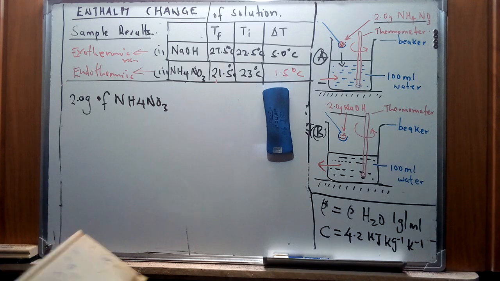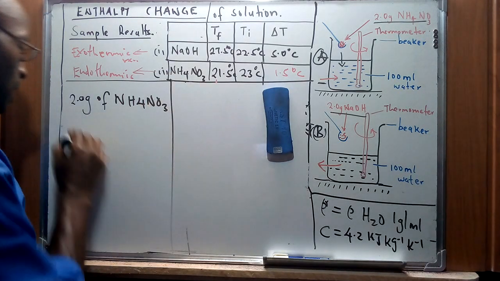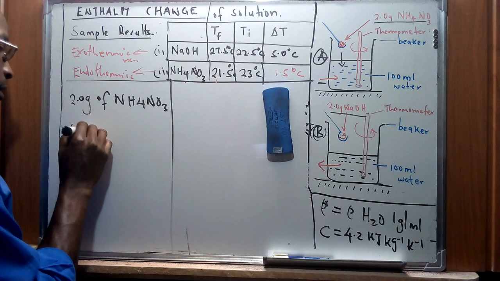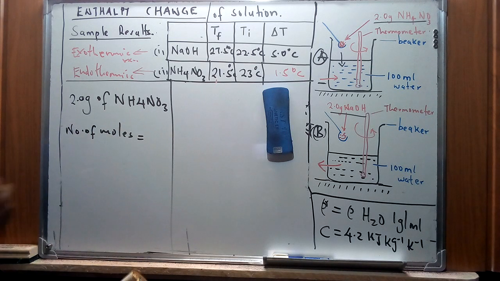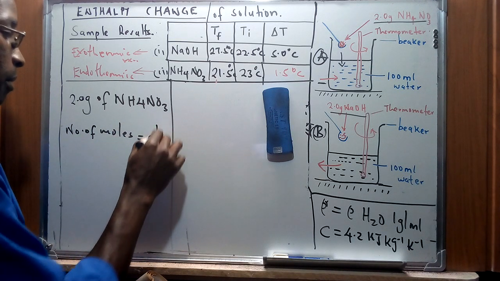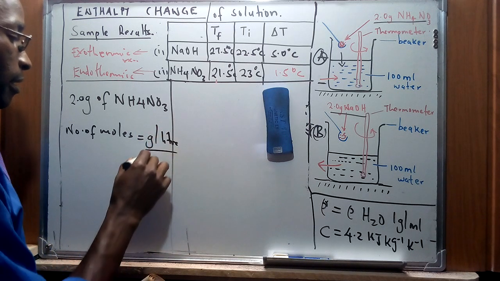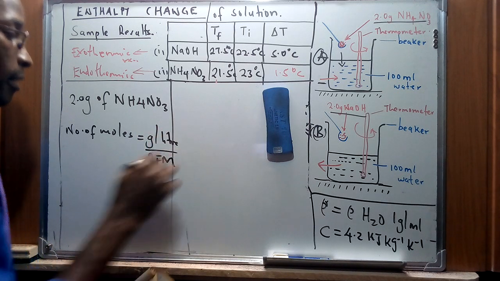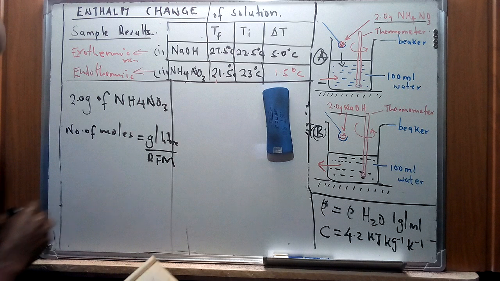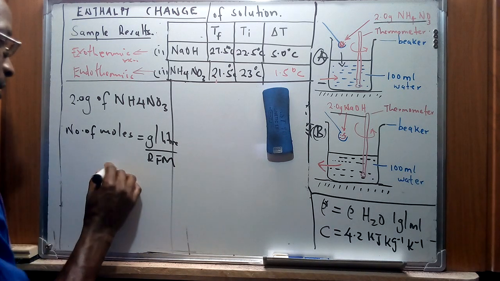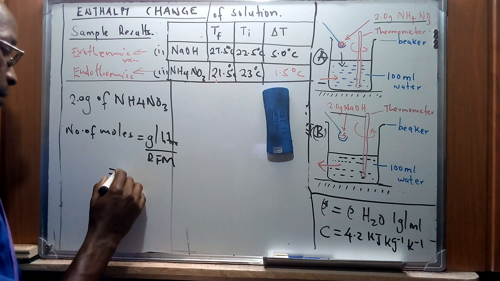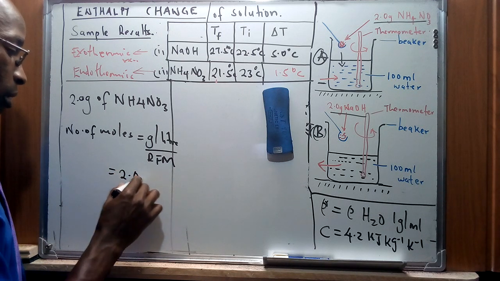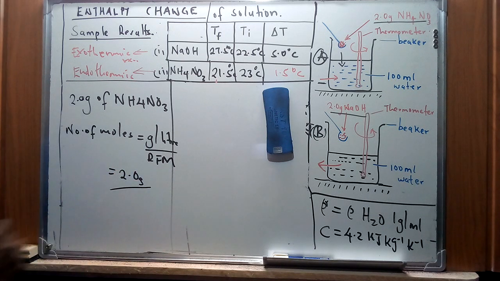we can find the number of moles by taking the mass in grams divided by the relative formula mass, or just the mass over RFM. We used 2 grams all over the relative formula mass.